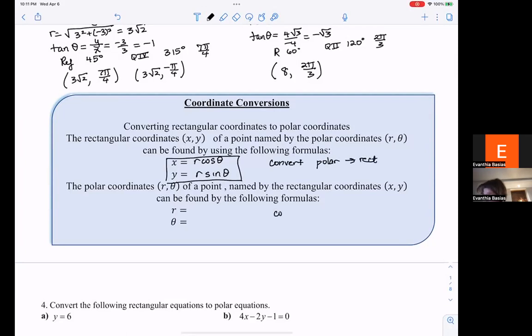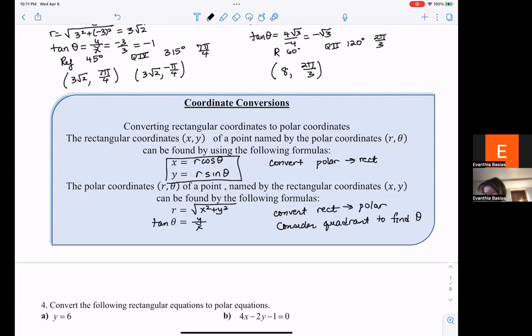But to convert rectangular to polar, first we have to consider the quadrant to find theta. And then the radius is simply the square root of x squared plus y squared. That's very easy. And tangent of theta is equal to y over x, or you could just say theta is equal to arctan of y over x.